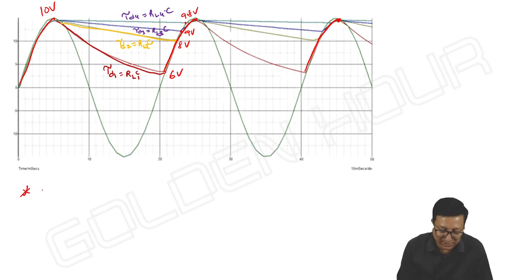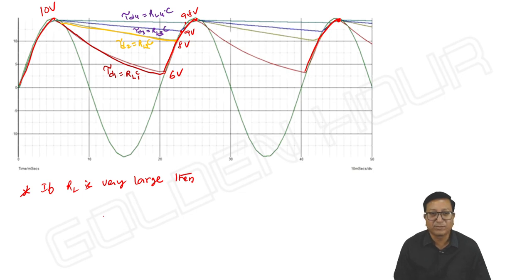So what we can observe from this is that if RL is very large, we see minimum AC and maximum DC, the best possible DC.